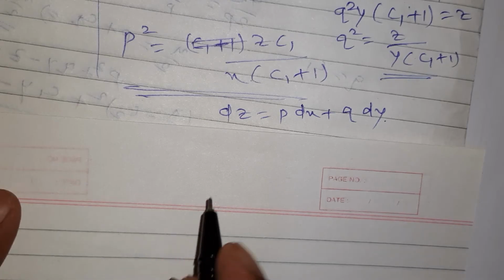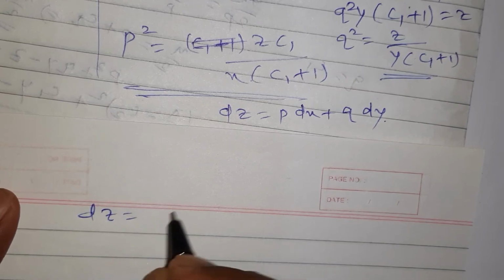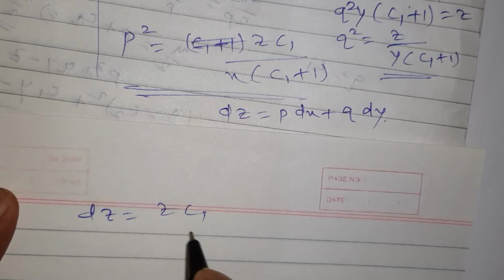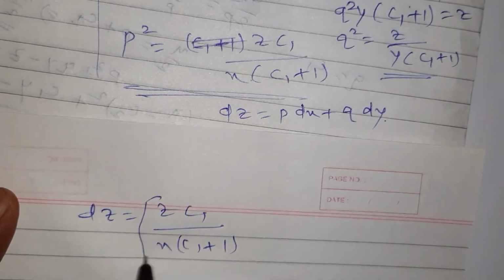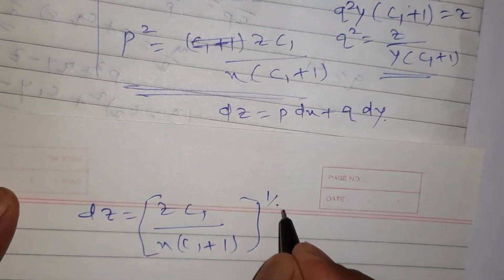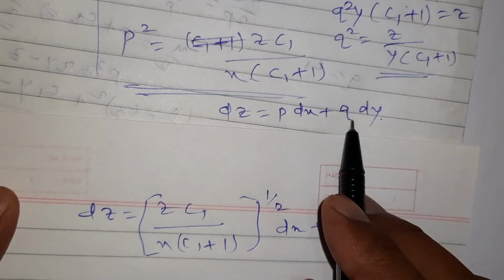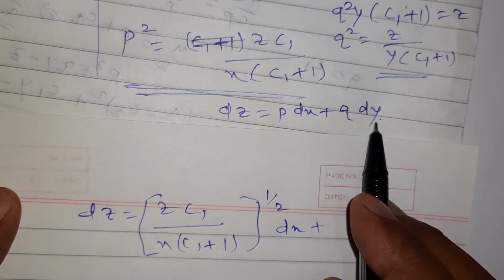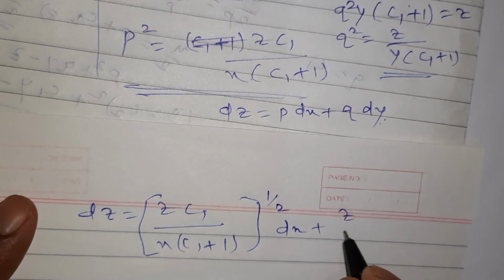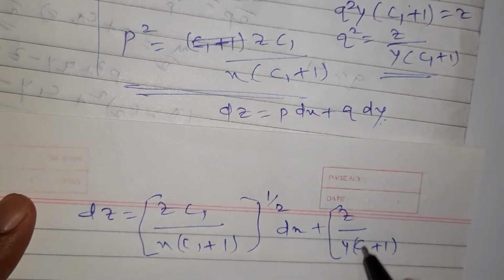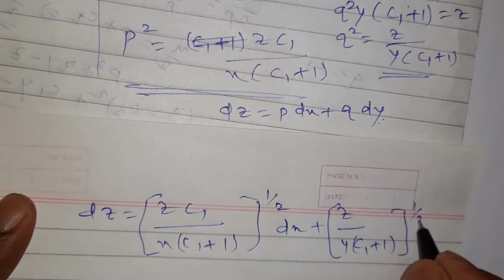So here dz is equal to p dx. p² is there, take its square root. I get (z c1 upon x into c1 plus 1) raised to half dx plus q dy, that is (z upon y into c1 plus 1) raised to half dy.